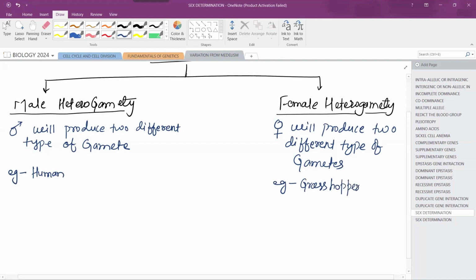In humans we already know that a female has 23 autosome pairs with a pair of X and X, and this will produce a gamete having 23 autosome plus X gamete and 23 autosome plus X gamete.